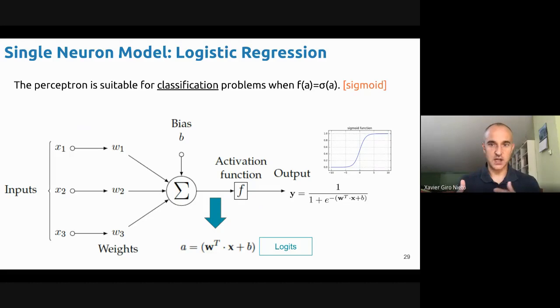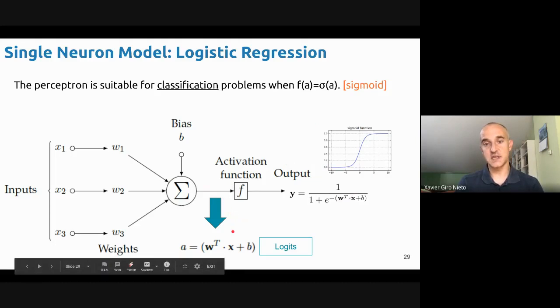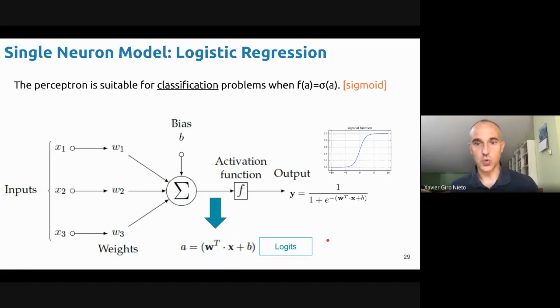We want the output of our perceptron to go from 0 to 1. That's why we introduced these sigmoid activation functions at the output. In this setup, just notice that before the activation function, this linear combination is what we are going to call the logits. It's a term that we're going to be using quite often.